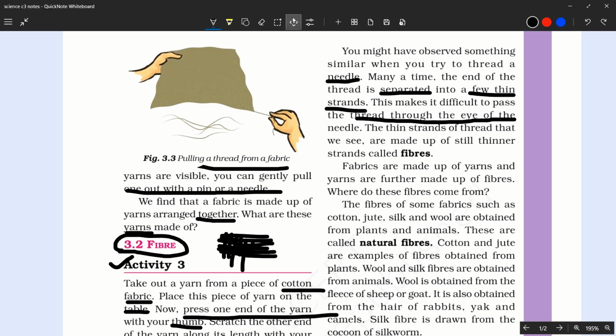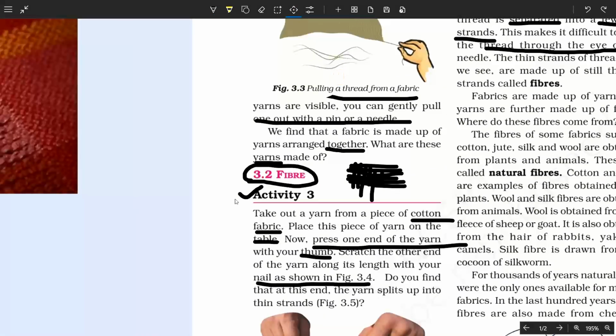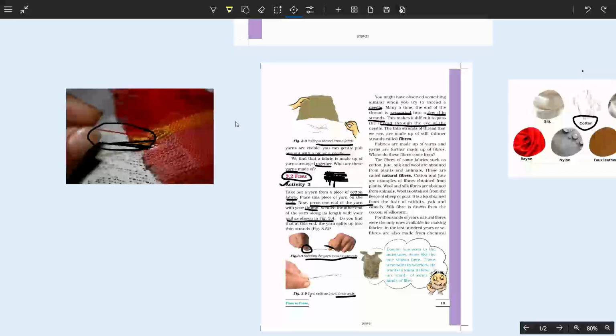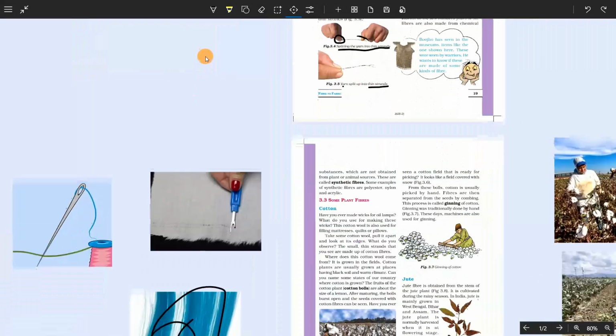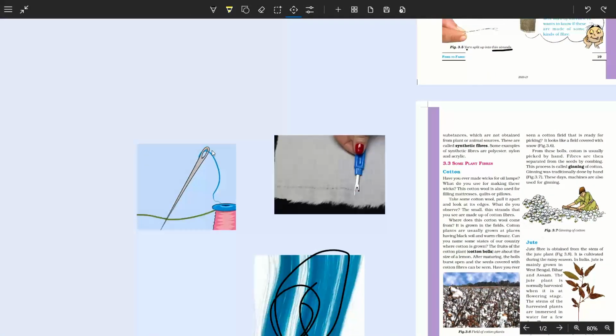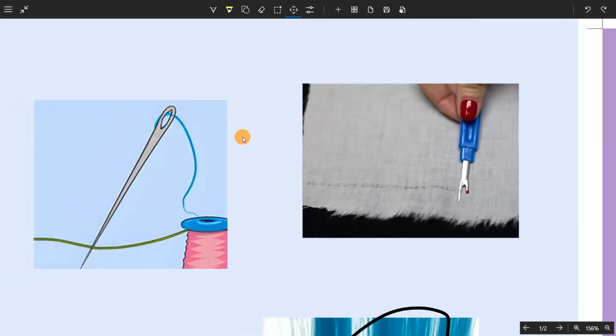Here I will show you one. This is the pin, right? When you are putting the thread into this needle, sometimes the thread will split into two like this.